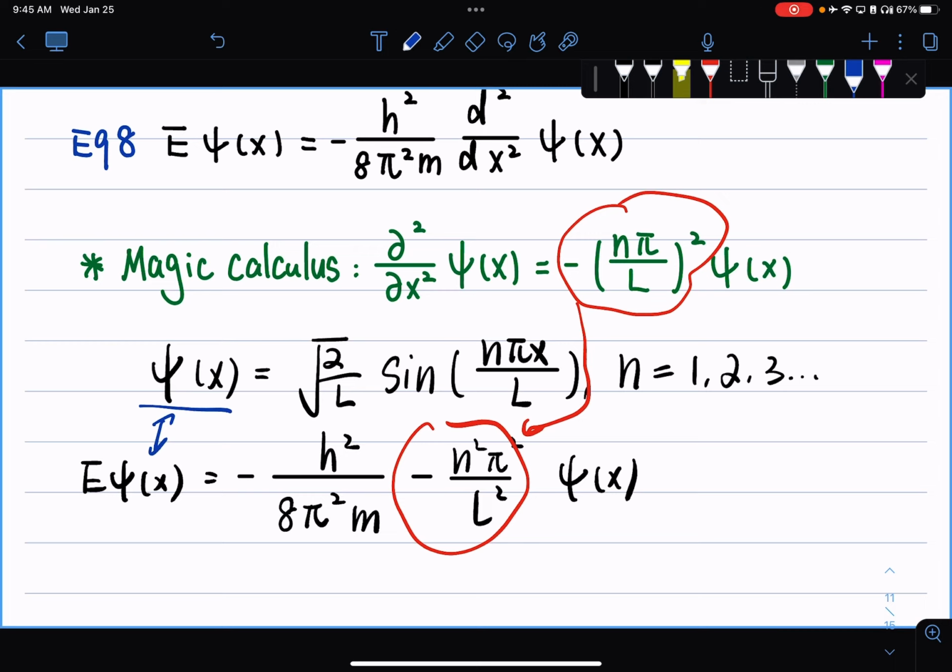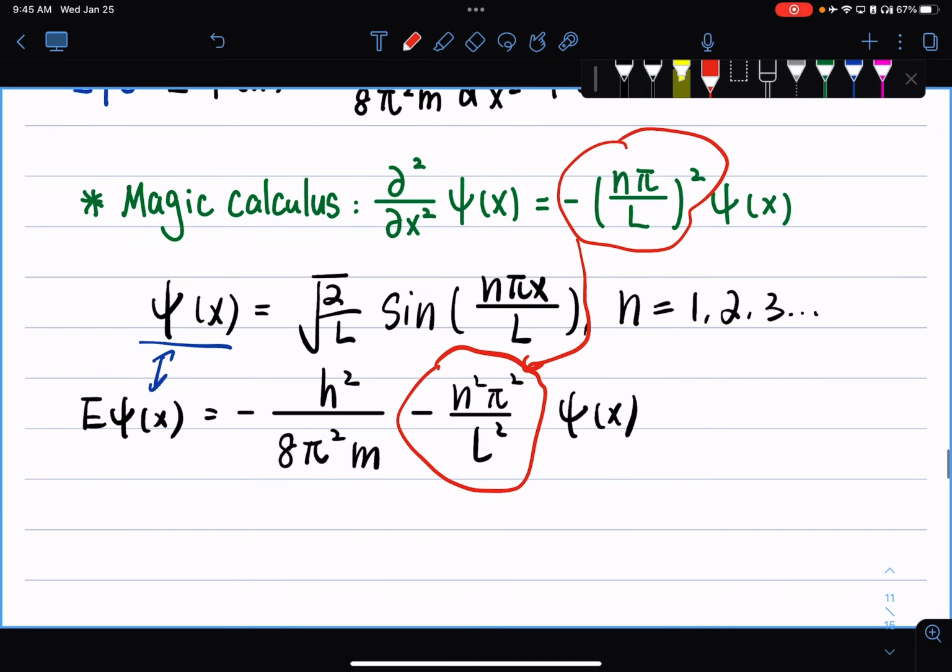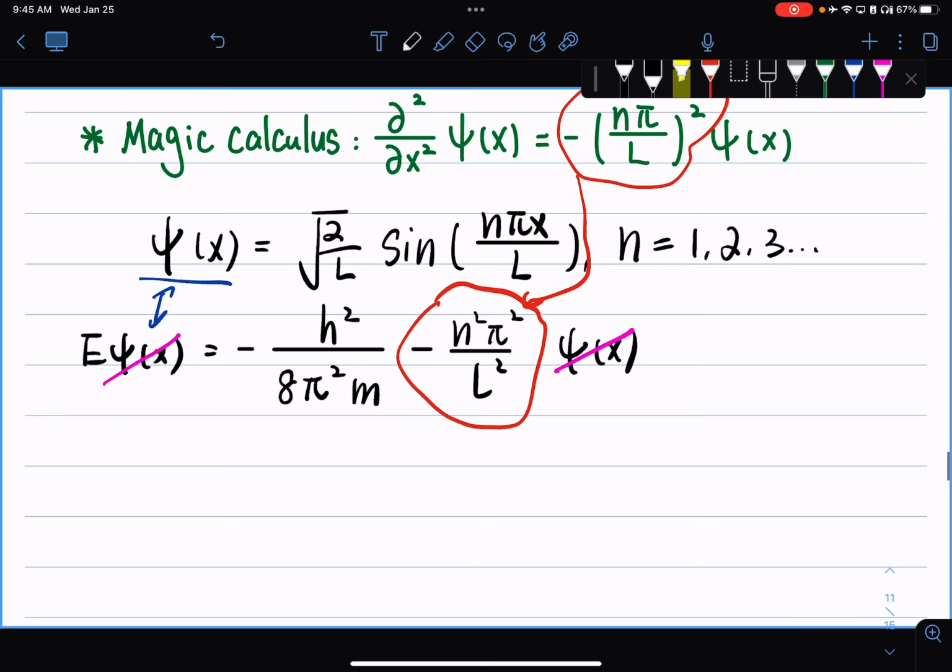And then here we can cancel out some of the terms. Now it's no longer a differential equation, so I can cancel out my phi x, just the sine function. And we have the energy expression. On the left-hand side, that's just the energy.